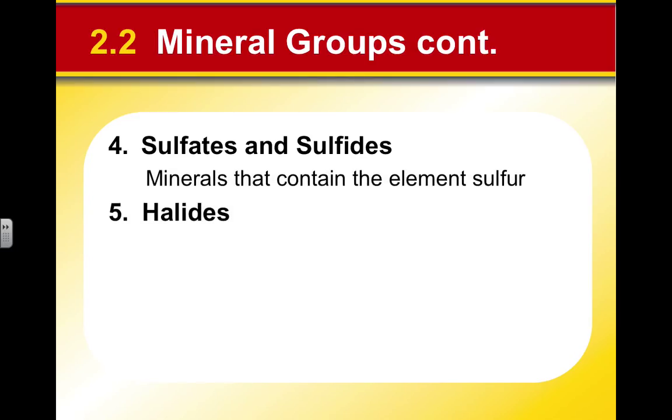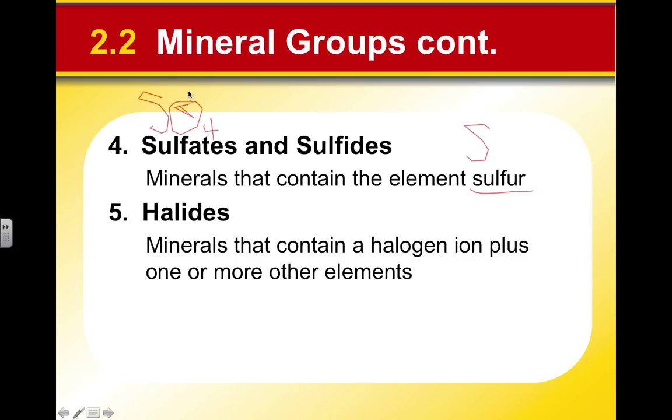Okay, sulfates and sulfides. So with sulfates and sulfides, you're looking for sulfur in the chemical formula. Sulfate is actually SO4. That's an O. SO4. So sulfur is a sulfide, SO4 is sulfate.